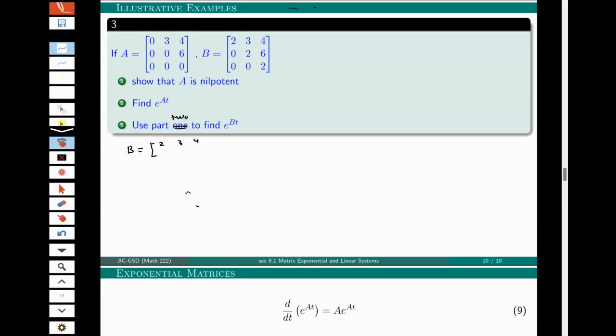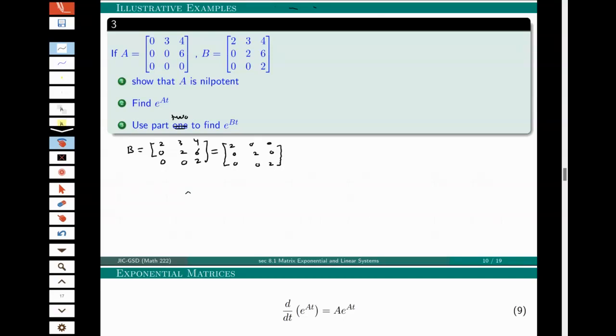B is 2 3 4 0 2 6 and 0 0 2. We will rewrite it as the matrix, to diagonal matrix, which is 2 0 0 0 2 0 0 0 2.